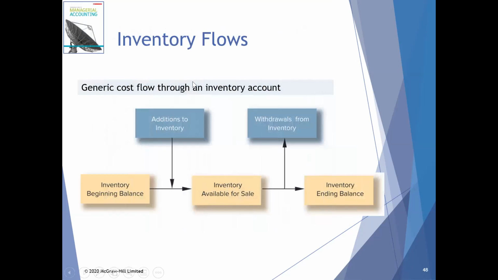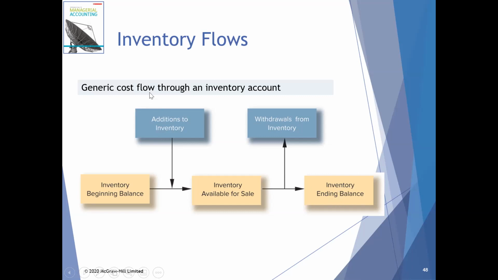Now look at this inventory flow. Now generic cost flow through the inventory account. In this case, first of all, inventory at the beginning, add to the inventory available to sell, withdraw from the inventory, then inventory at the end, right?